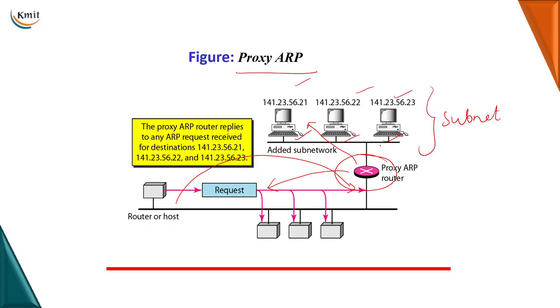So it is acting on behalf of all these devices, and in the reply it is giving its own physical address. For any IP address given, it gives its own physical address, and later it passes the packet to the intended recipient. This is acting like a proxy.